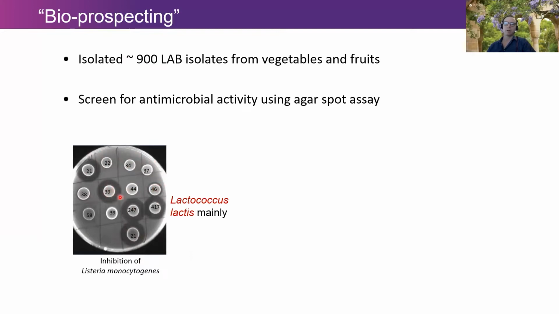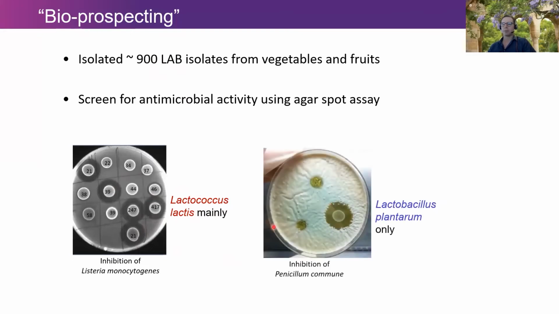And then other ones have quite large inhibitory activity, where this bacteria is producing something that's either inhibiting the growth or killing the Listeria throughout the agar. When we did the screen of 900 isolates, we found the best ones against Listeria were Lactococcus lactis, and we'll further characterize them in a minute.